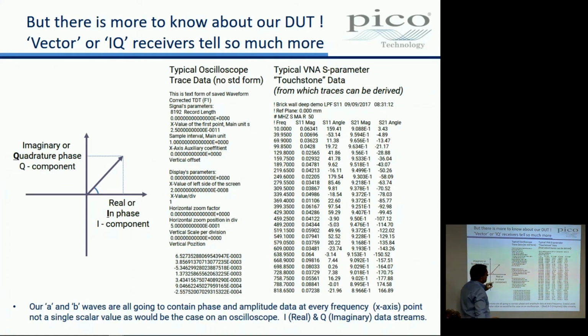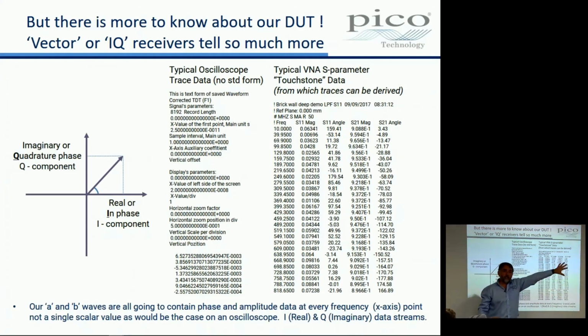When we get data off one of these receivers, we're going to get data in this form. We've converted it to frequency, and then a magnitude and an angle, and then the second measurement. This is one measurement, the S11, and this is S21, a magnitude and an angle, and there's more over here.